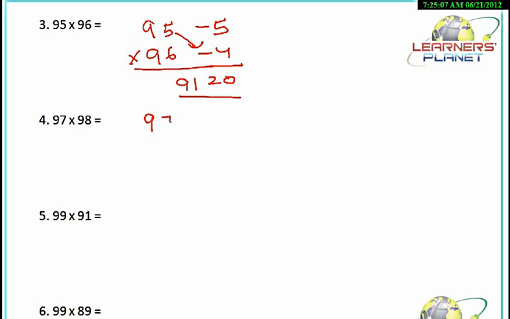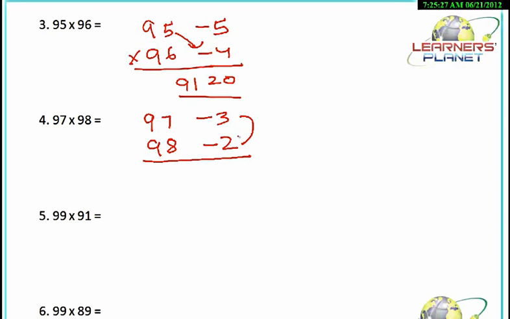Similarly, 97 into 98. It is minus 3 from 100 and it is minus 2 from 100. Now 3 twos are 6. But as we have already discussed, from this multiplication we have to fill up 2 digits since we are taking the base as 100, and there are 2 zeros in 100.